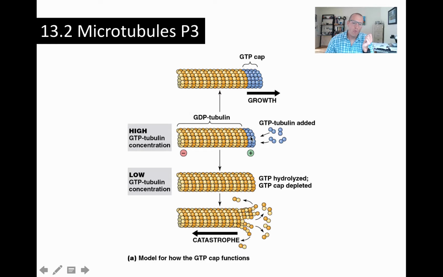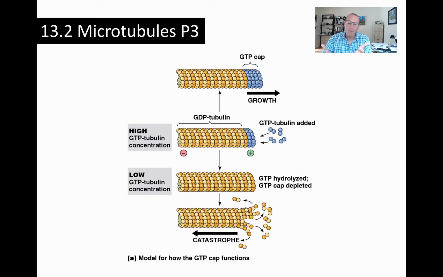So if we then drop the concentration of GTP tubulin, so it's now below the critical concentration for the plus end of the microtubule, what happens is you can't add on GTP tubulin fast enough so that you can have a cap that's consistently present.